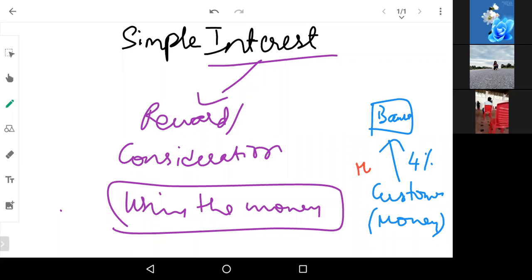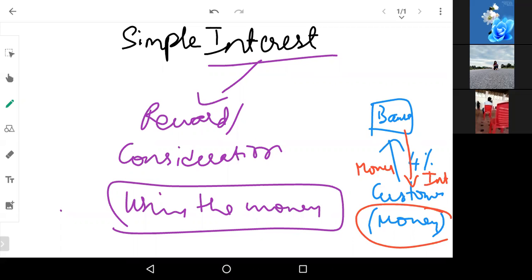Money has gone to the bank. Bank will give the customer 4% interest. Now, why should the bank give the interest? Because the bank is using the money of the customer. That is why they are giving the interest.